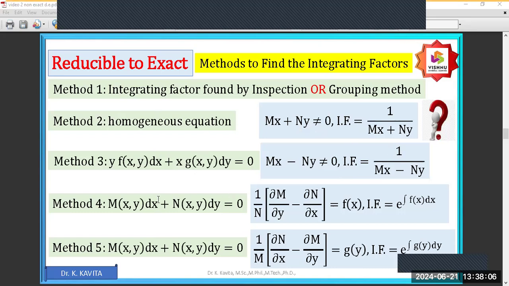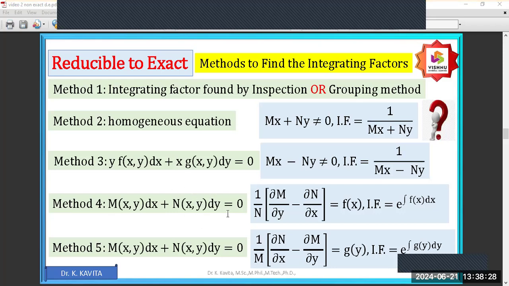In the third method, y into some function plus x into some function dy equals 0. Here Mx minus Ny is not equal to 0, and we take IF equals 1 by (Mx minus Ny). In the fourth method, N is the small term, the second term.